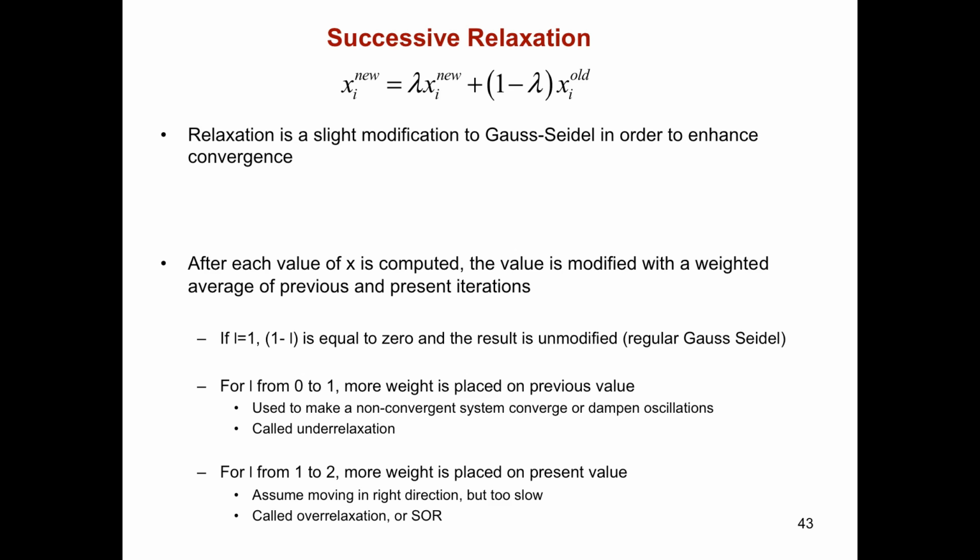So basically this relaxation says, don't just use the old version or the new. I compute this iterate with the Jacobi method, and this one with the Gauss-Seidel, and I scale things in between.